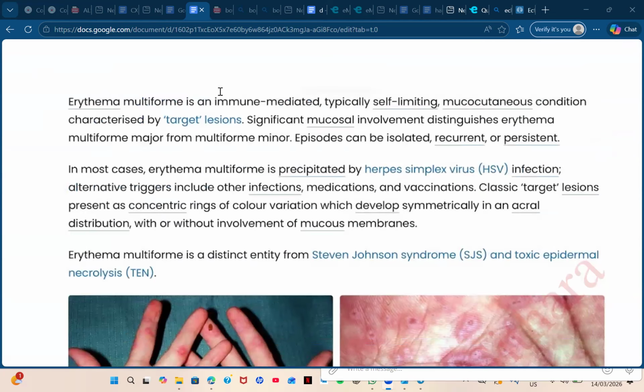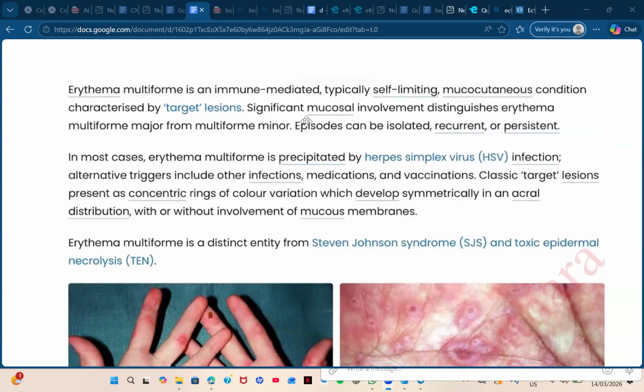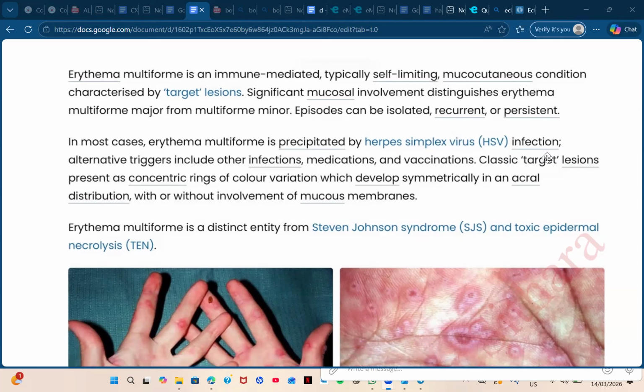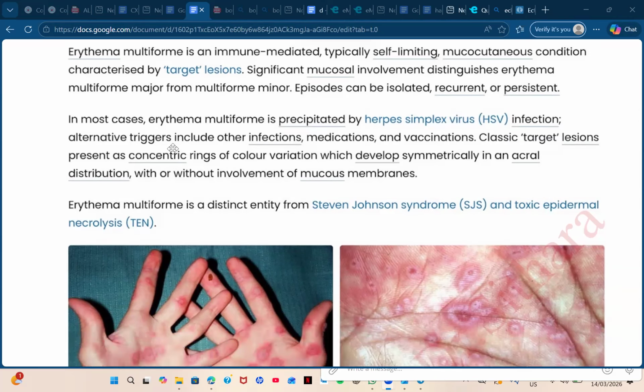Erythema multiforme is an immune-mediated, typically self-limiting mucocutaneous condition characterized by target lesions. Significant mucosal involvement distinguishes erythema multiforme major from erythema multiforme minor. Episodes can be isolated, recurrent, or persistent. In most cases, erythema multiforme is precipitated by herpes simplex virus, right?